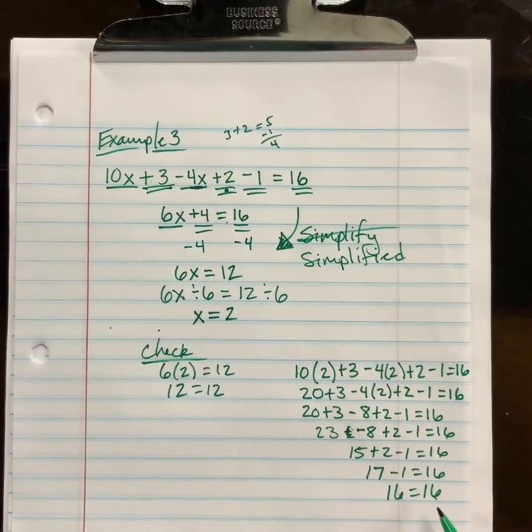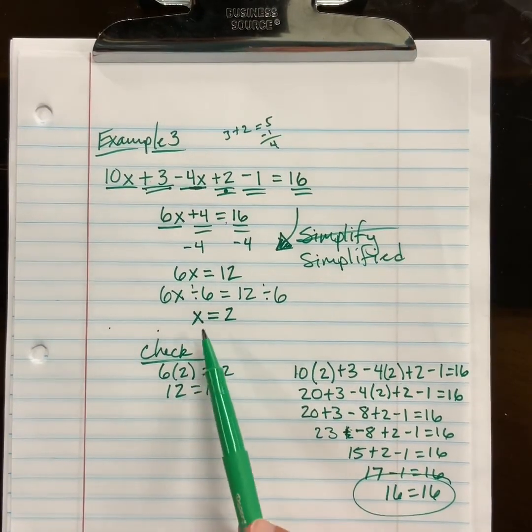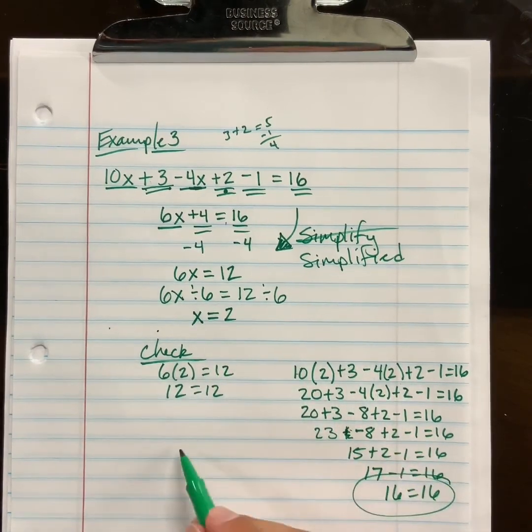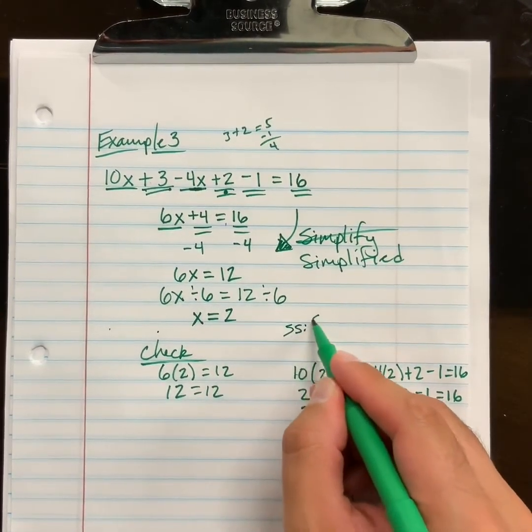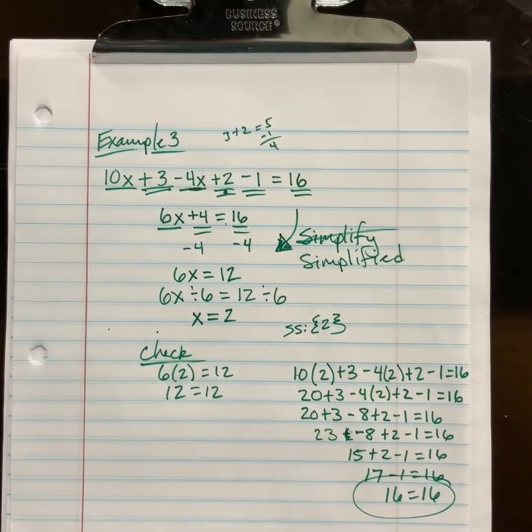Is 16 equal to 16? Yes, it absolutely is. So we know that our value of x is equal to 2, or our solution here, all right, our solution set would be the number 2. It makes our equation true.